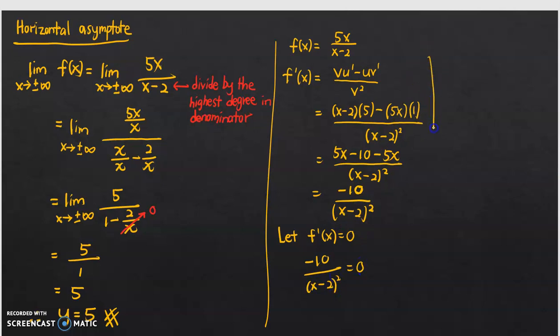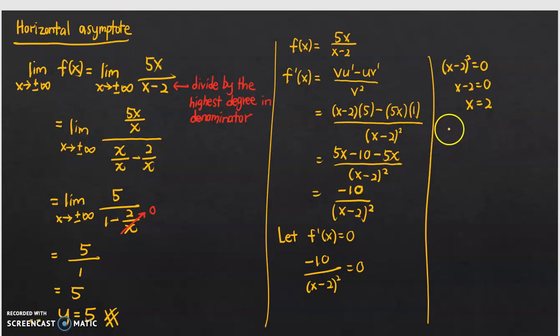We try to find the critical value. For the numerator, since it's negative 10, we just focus on the denominator. So x minus 2 squared equals 0, x minus 2 equals 0, x equals 2. So we only have one critical value.